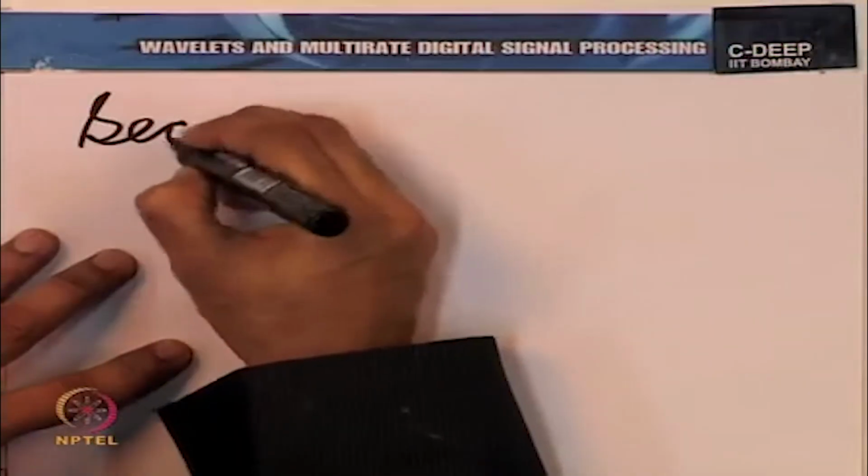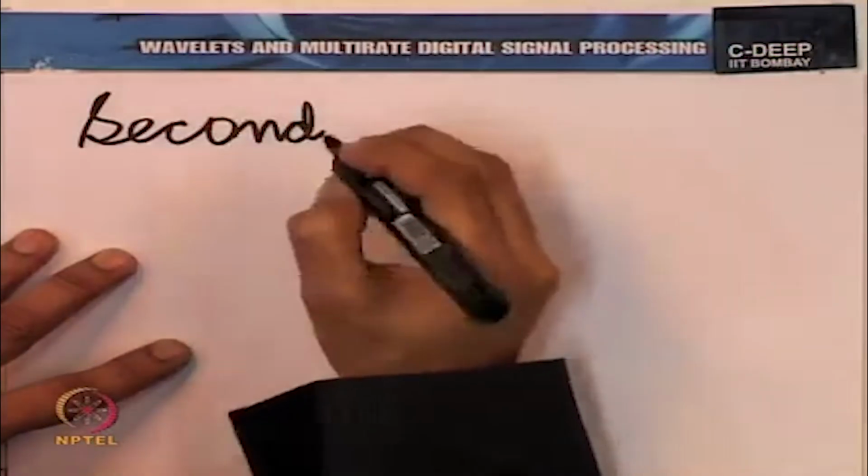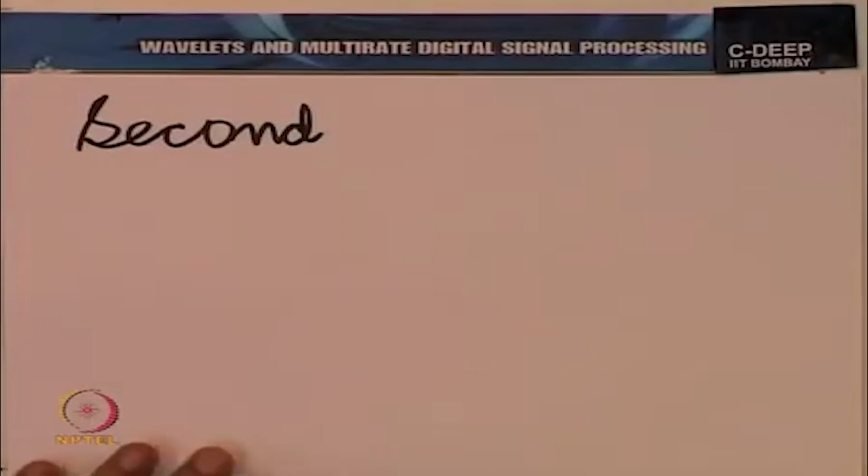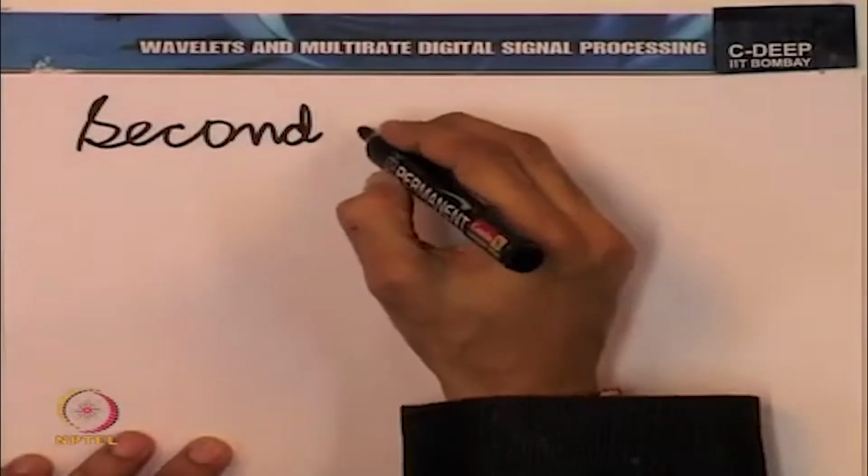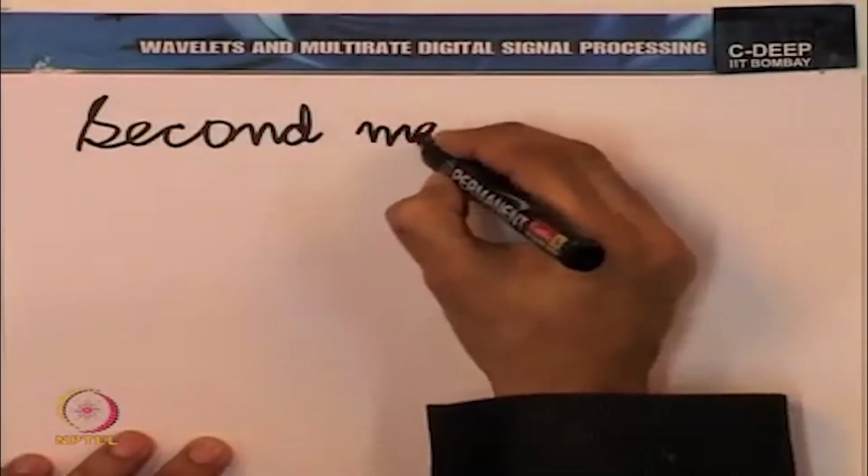For example, let me put down the structure of the next member in the family after the Haar case, where instead of 1 you would have 2 factors. What we said was the second member of the Daubechies family would look like this.